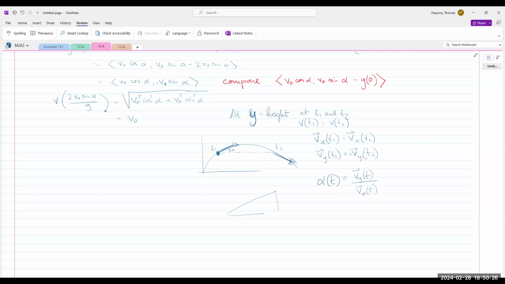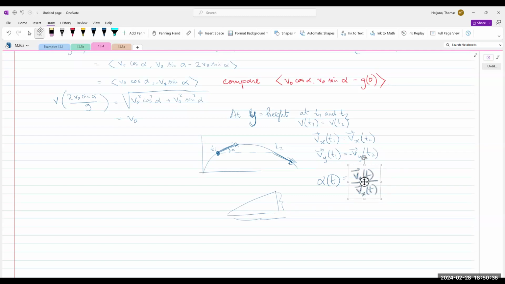Basically, you create this and this, and that gives you the tangent. So that will be the tangent inverse of that. This is the y component of the velocity at time t, and this is the x component of the velocity at time t.